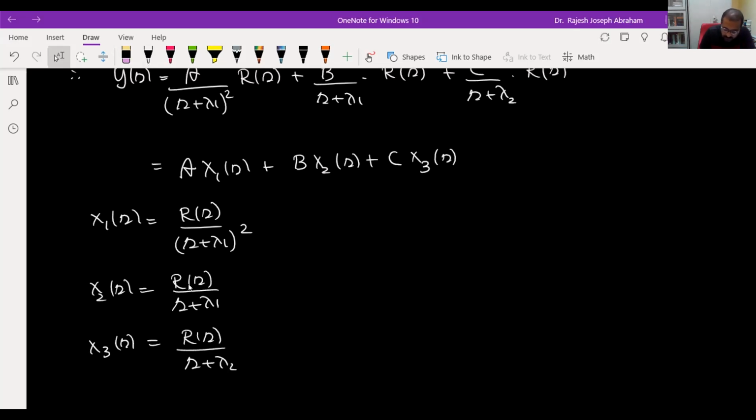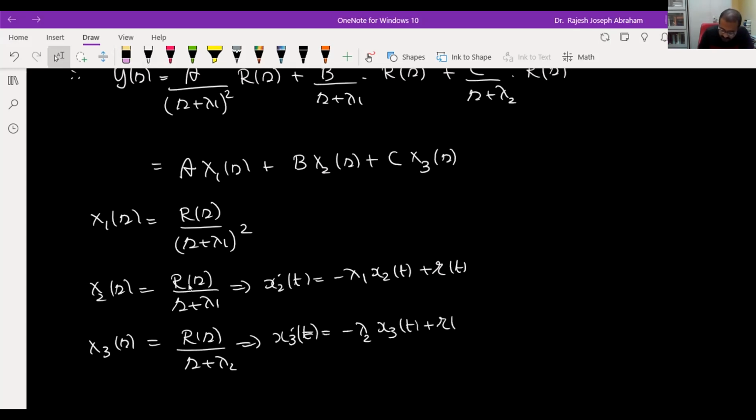Okay, so from here, what will you get? x2 dot equals to what? Minus lambda 1 x2 plus r of t. From here, what will you get? x3 dot equal to what? Minus lambda 2 x3 plus r of t.